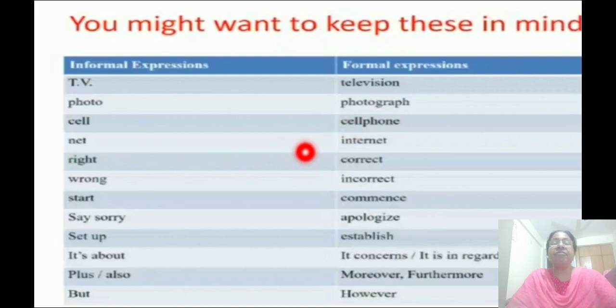Cell, cell phone. Net, internet. Right, correct. Wrong, incorrect. Start, commence. Say, sorry; we say apologize. Set up, establish. It's about, it concerns. It is regarding.